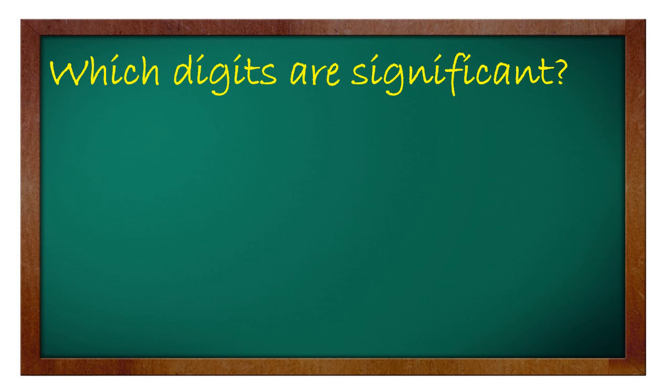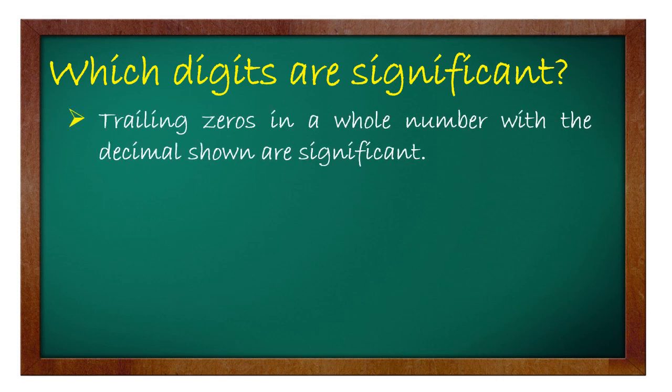Next rule that we have is trailing zeros in a whole number with a decimal shown are significant. Ibig sabihin, mako-consider lang natin na significant yung mga zeros natin sa whole number kapag meron tayong decimal na makikita. For example, I have here 10 point. So, as you can see, may decimal point tayo. So, yung zero natin sa whole number, mako-consider siya as significant.